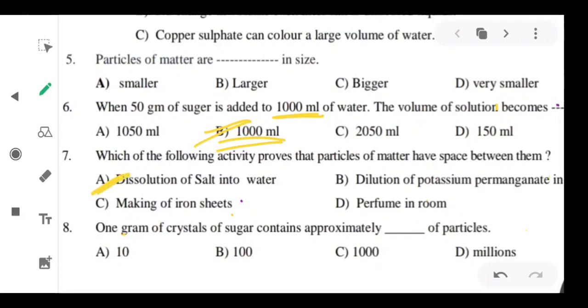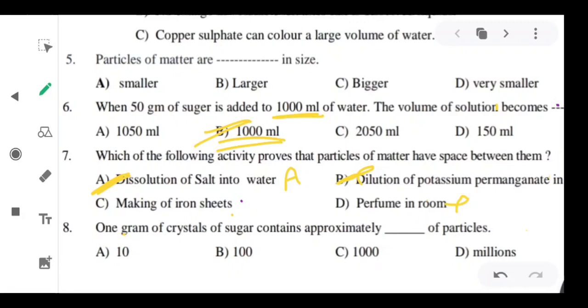What about B, dilution of potassium permanganate in water? We did that activity to show how small the particles are. So this is not the correct answer. Making of iron sheets is also not correct. Perfume in a room is about diffusion, so this is not correct either. So A is the correct answer.